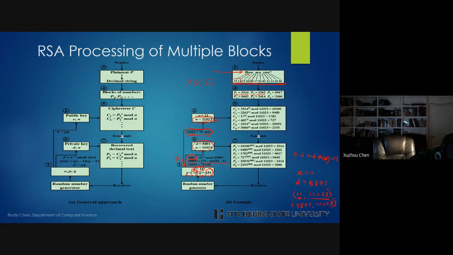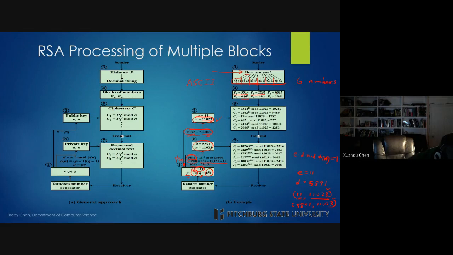I combine every two numbers, then 0462, 2414, and 2066. So basically I can split these into 6 numbers. And these 6 numbers are all smaller than n because they are 4 digits, and n is 5 digits, right?